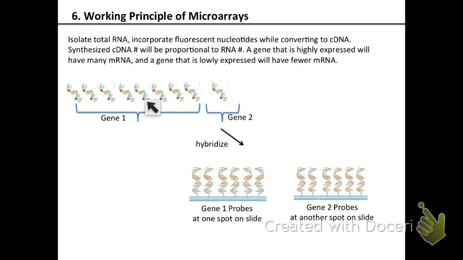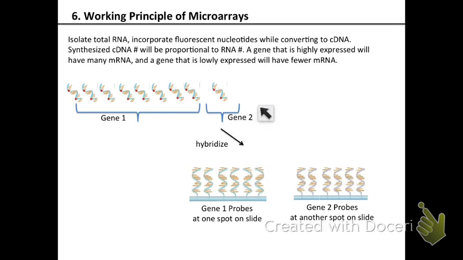And then when you convert this to cDNA, you're going to have lots of cDNA copies corresponding to gene 1. And then gene 2, if it's lowly expressed, that means you have few copies of the mRNA transcribed from this gene. The resulting cDNA is going to have fewer cDNA copies corresponding to this gene. Okay? Make sense? Any questions?